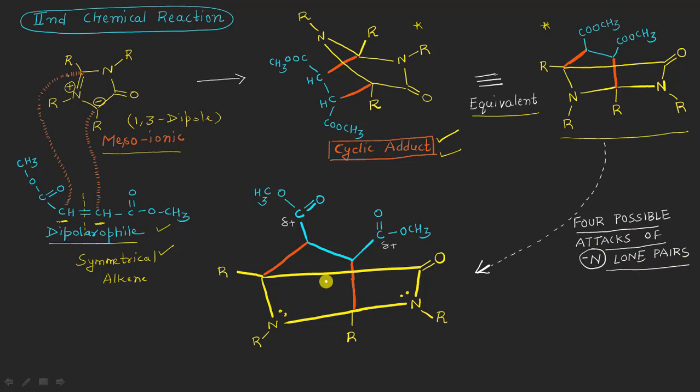And now we will try to figure out which of this nitrogen here and this one here is going to attack first of all, and out of this carbonyl and this carbonyl, which carbonyl will be attacked by these nitrogen lone pairs. I mean, one nitrogen lone pair will be attacking, okay? Now have a look here.